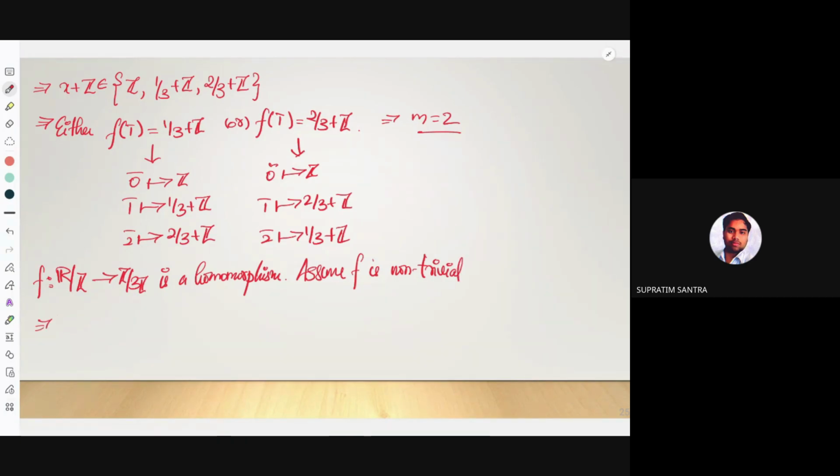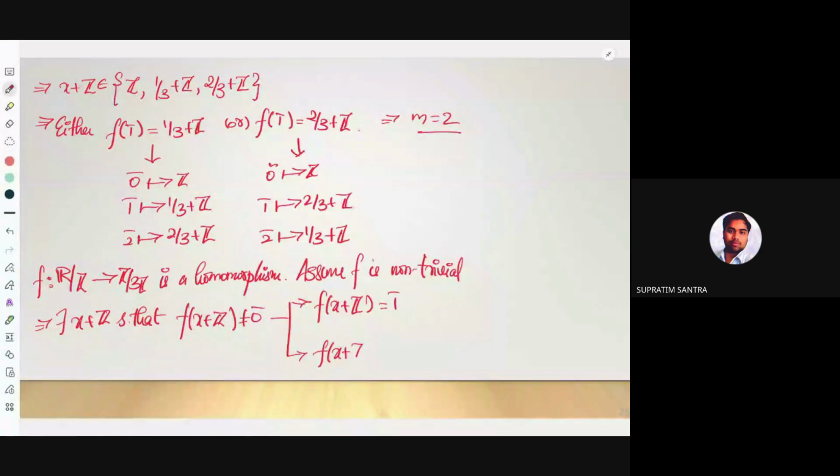which implies there exists x plus Z such that f of x plus Z is not equal to 0 bar. Now this gives us two possibilities. f of x plus Z equals 1 bar or f of x plus Z equals 2 bar. So now if f of x plus Z is 1 bar, what can we say?